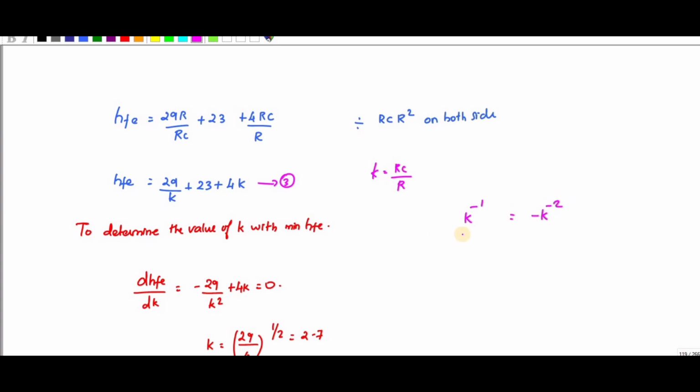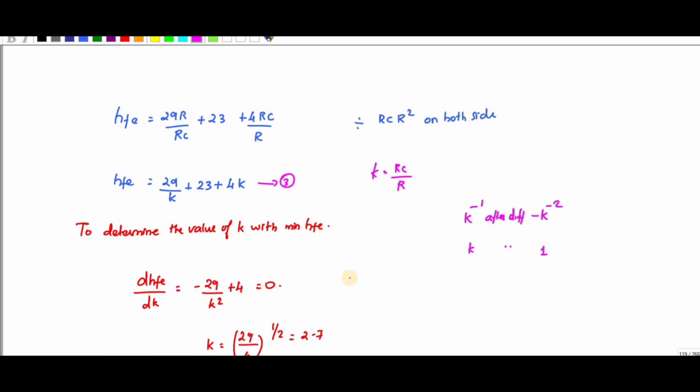Okay, after differentiation. Okay, so k becomes 1, k becomes 1 after differentiation. So now what is k square?